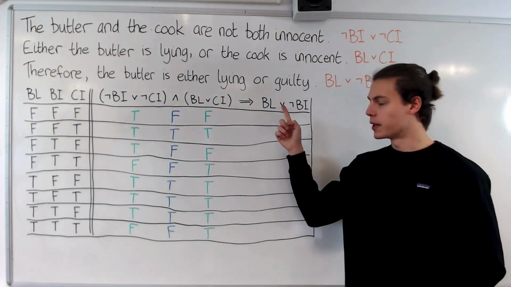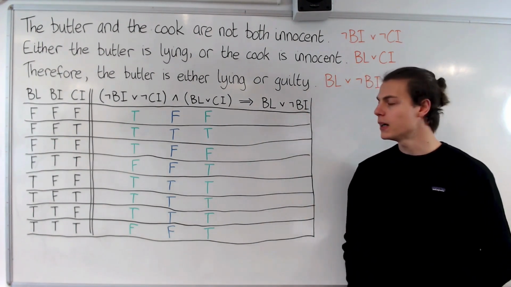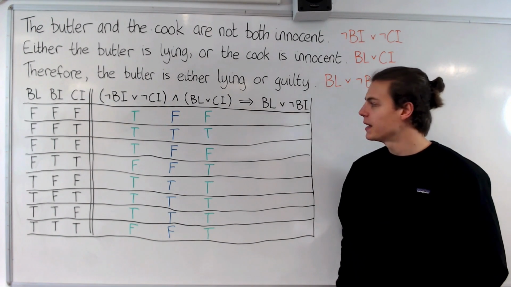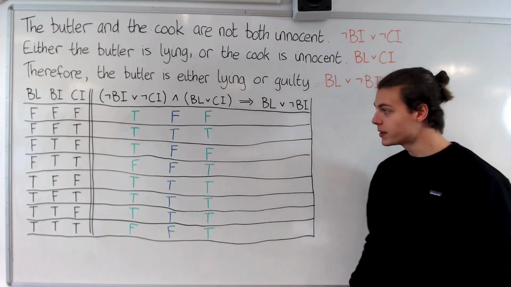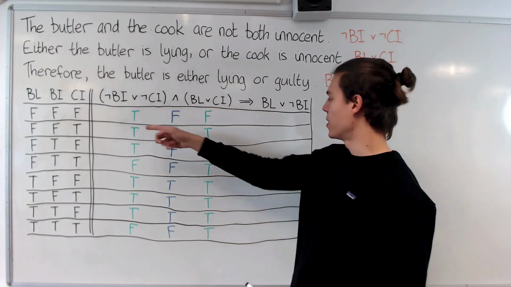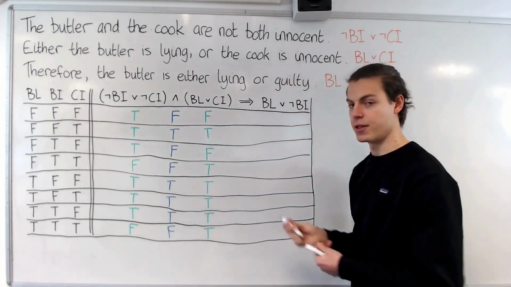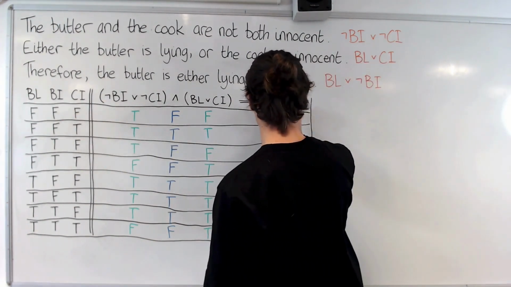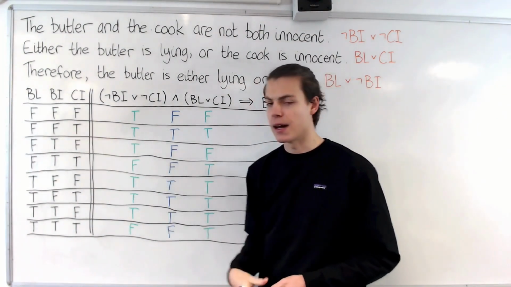Now looking at our final or column, BL or not BI. So this is true if either BL is true or BI is false, and false otherwise. So in our first row, BI is false, and so this is true. And again in our second row, BI is false.